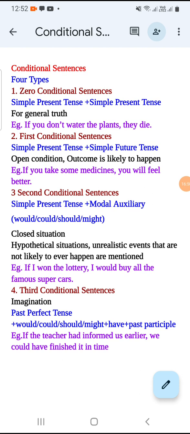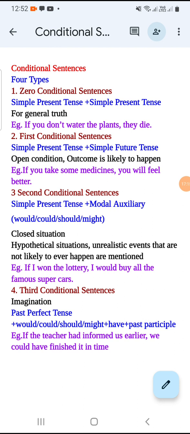Now the next condition, that is the second conditional sentence. For the second conditional sentence, let us jump to the black part, that is the closed condition. You are too late now, nothing can be done. That's a closed condition, because there's no chance to improve, everything is closed.